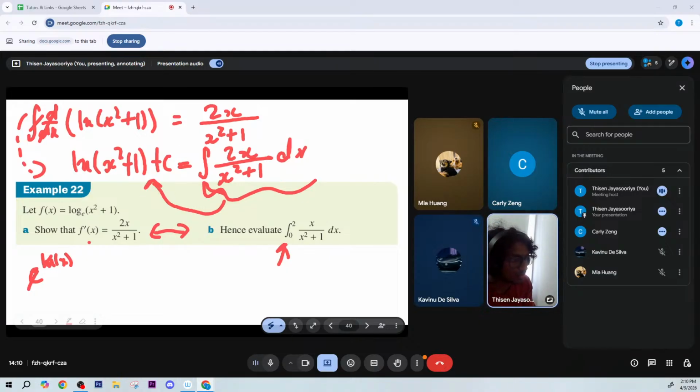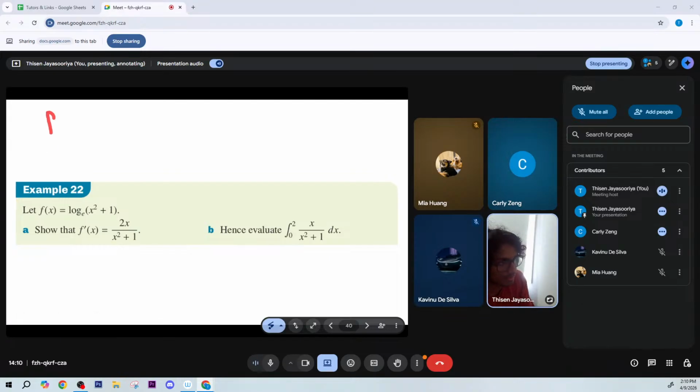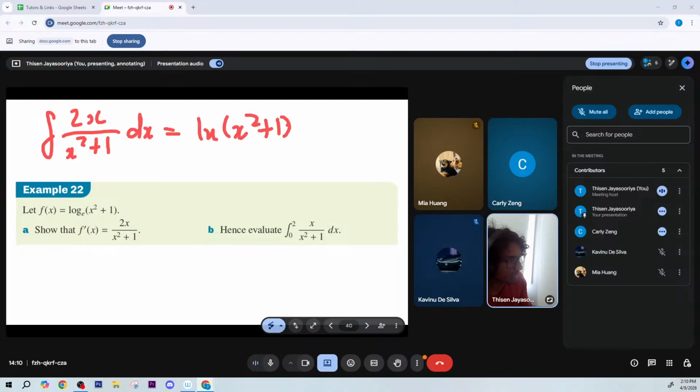And here, the reason we've linked these two questions together is because now this integral on the right hand side is very similar to this one over here. So, right, I have the integral of 2x over x squared plus 1 dx equals ln of x squared plus 1 plus c, which means I can take out the 2 from here.